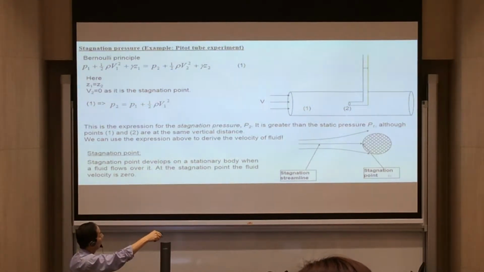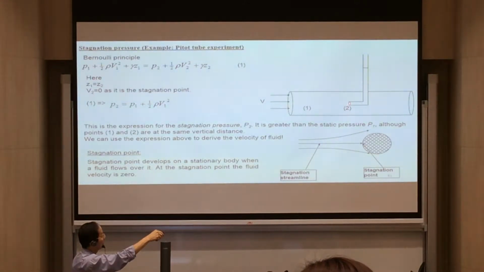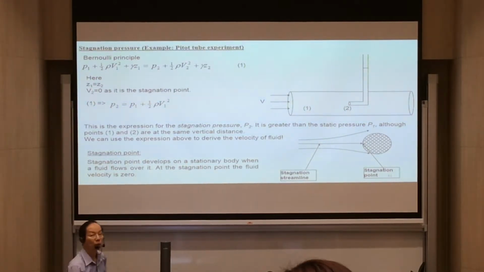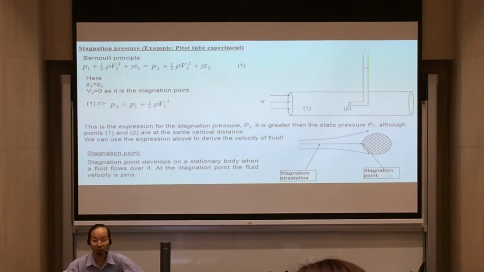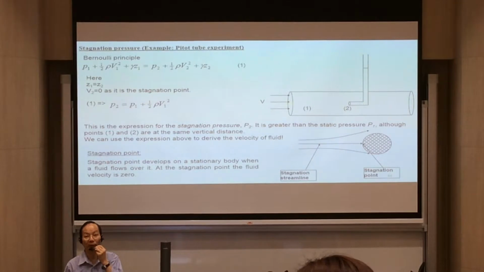Z1. So Z1 is equal to Z2. Z2 is the distance all the way up to point 2. So you must know what the datum is. We take heights from a convenient common level, common ground. That's what we mean by datum.